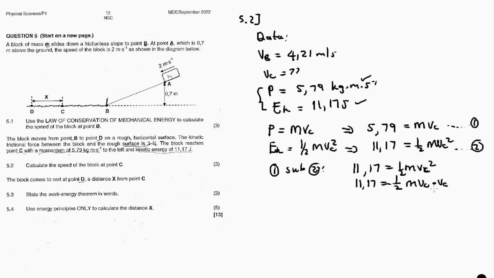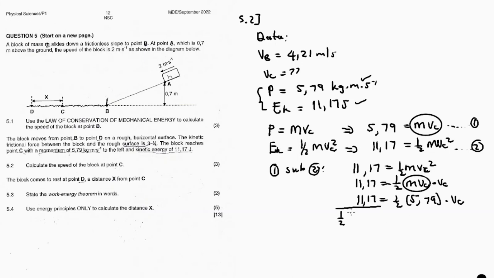So mvc times vc is equivalent to this. Why ngibhala so that uzokwazi ukubona lo mvc. So where there's mvc, you substitute that value. So it's 11.17 equals half times 5.79 times vc. Voila.